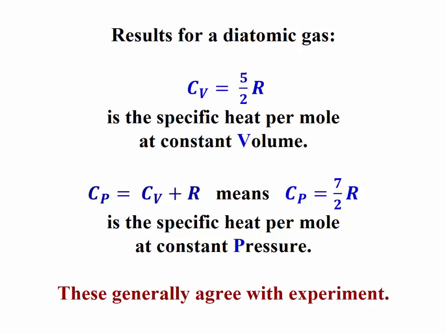At constant pressure, it will be larger by R. So CP is 7/2 R if we want to use the specific heat per mole at constant pressure for a diatomic gas.